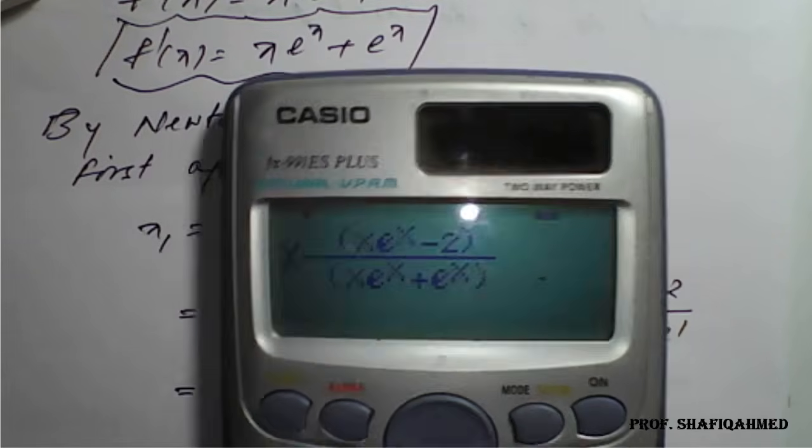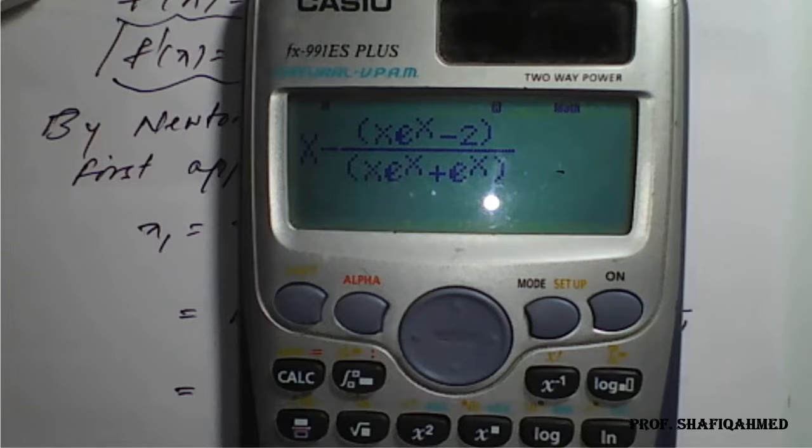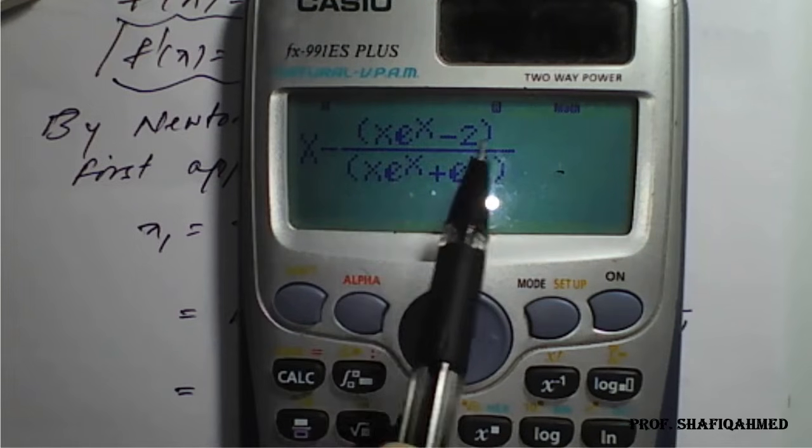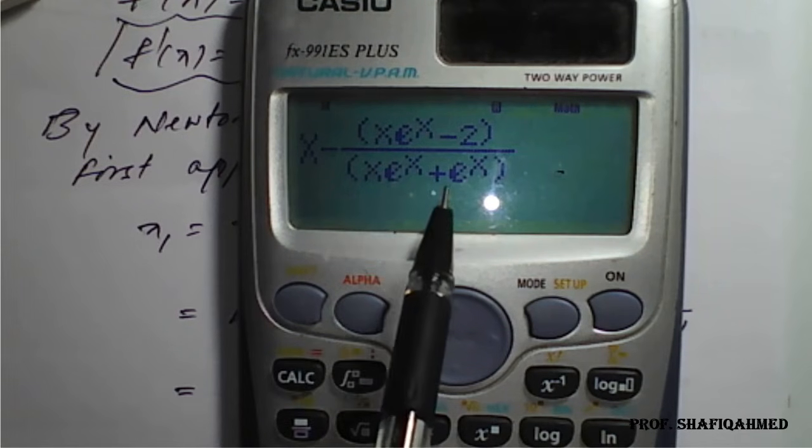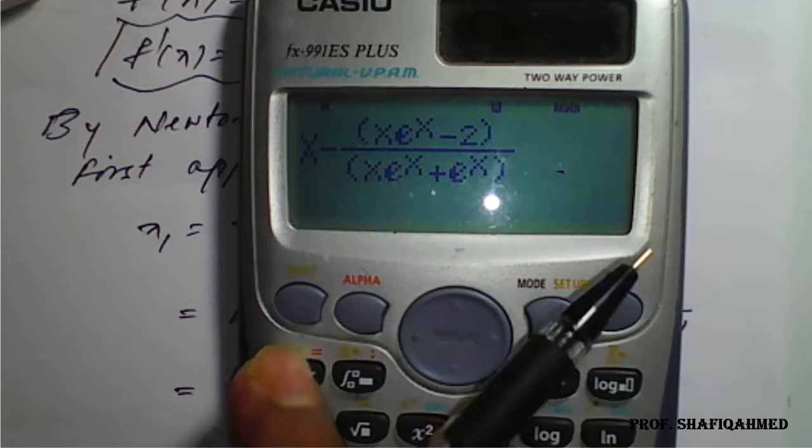You can see the formula clearly on the screen: x minus x e raised to x minus 2 divided by x e raised to x plus e raised to x. Go for the calc option.